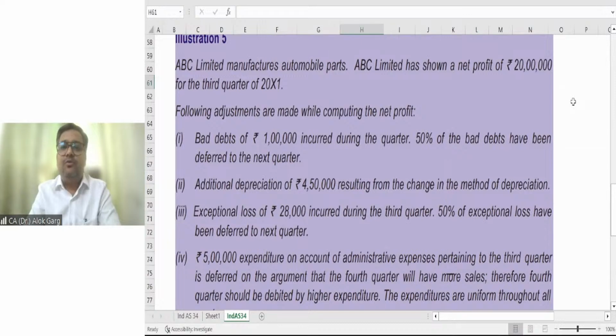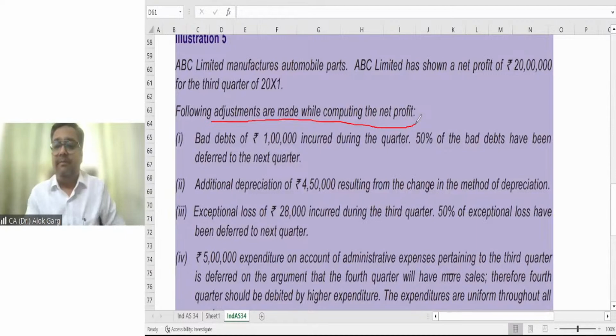ABC Limited has shown a net profit of rupees 20 lakh for the third quarter of 2001. Following adjustments are made while computing the net profit. This company is preparing the interim financial statement for the third quarter, the December quarter.